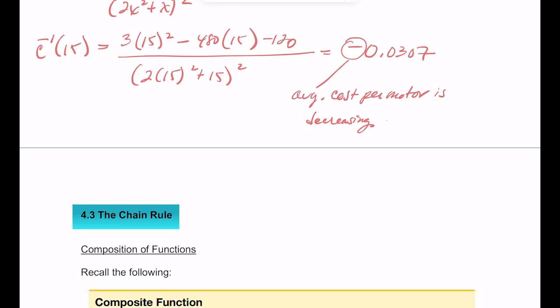And it's decreasing at a rate of about, remember this is in hundreds, so about $3.07 per motor. And of course, it's approximate or on average. Okay, and that's at a production level of 15 motors.